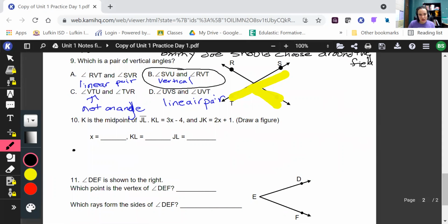So that means that J and L are the endpoints. And because it's telling me that K is the midpoint, that means K is right in the middle. And we know that KL is 3x minus 4, and JK is 2x plus 1.